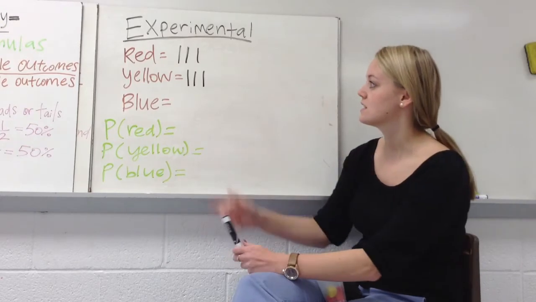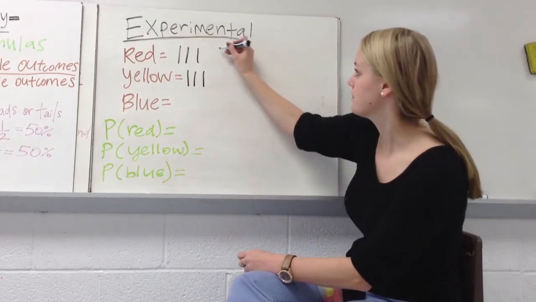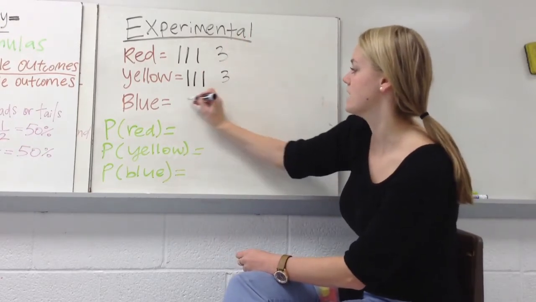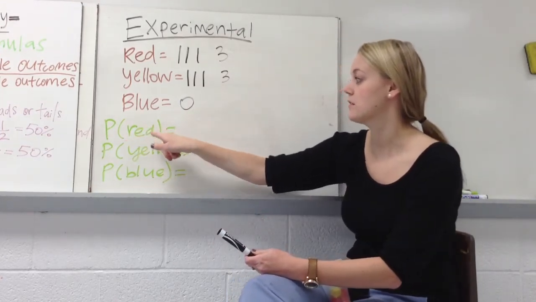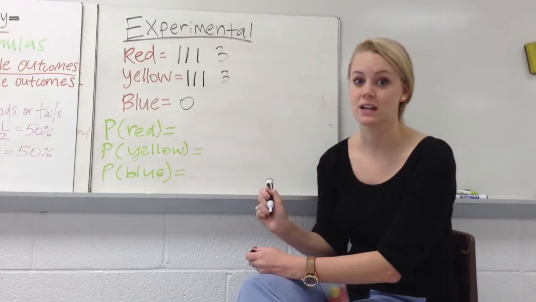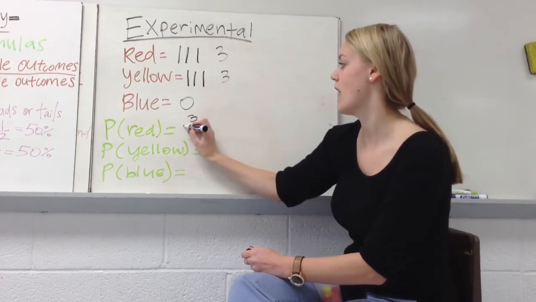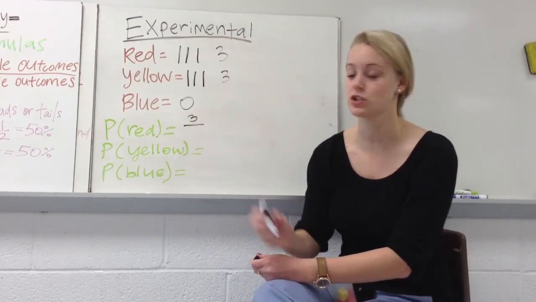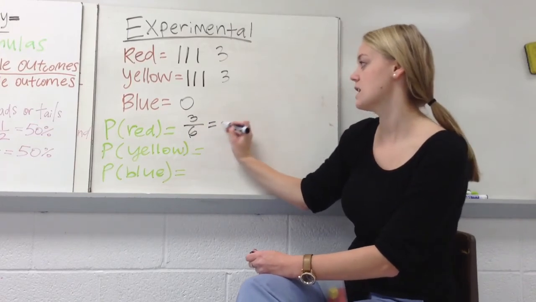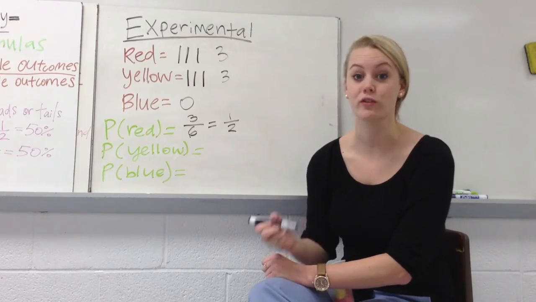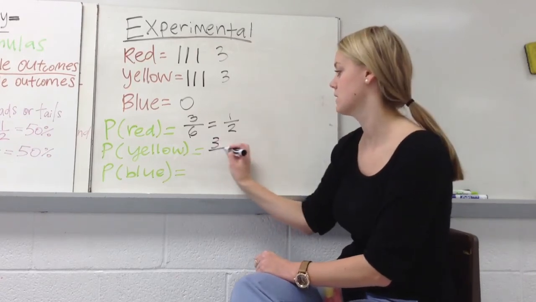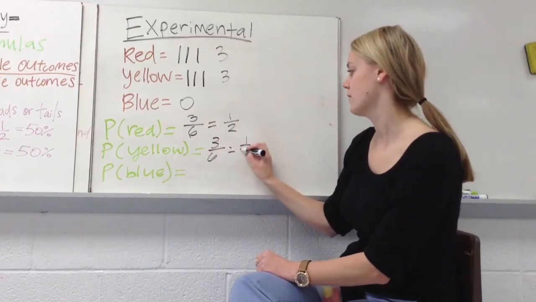In this case, I got 3 red, 3 yellow, and 0 blue. So for the experimental probability, red occurred 3 times out of a total of 6 trials, so 3 out of 6 equals 1/2. The probability of getting yellow was 3 times out of 6, which is 1/2.